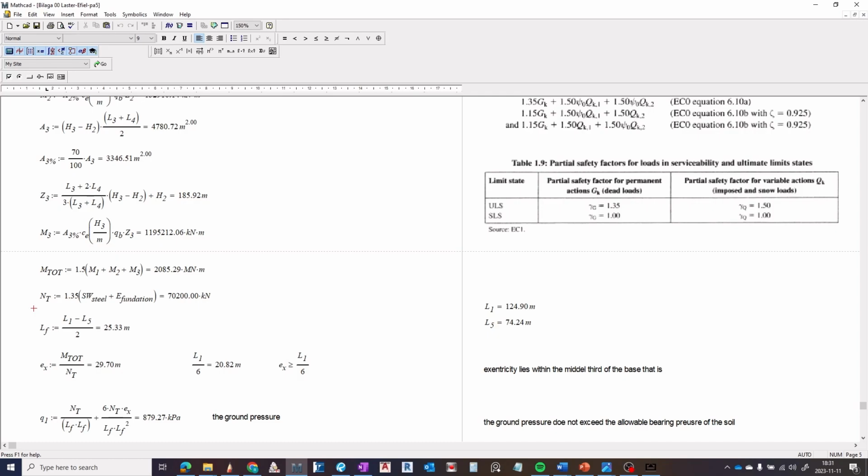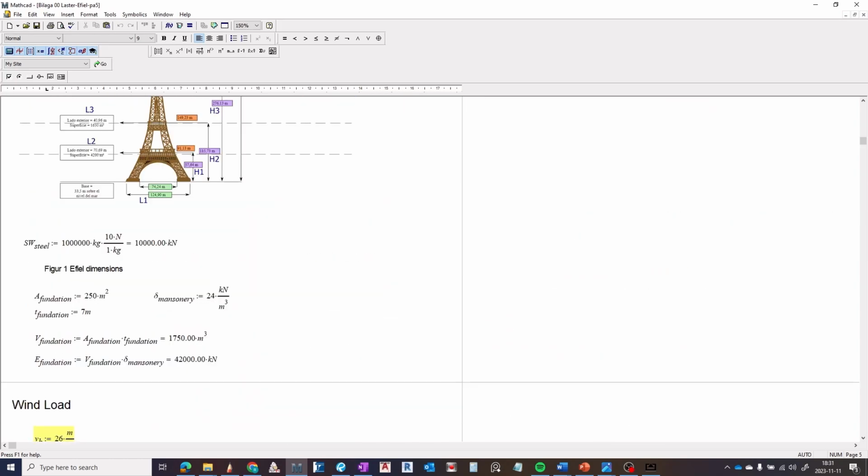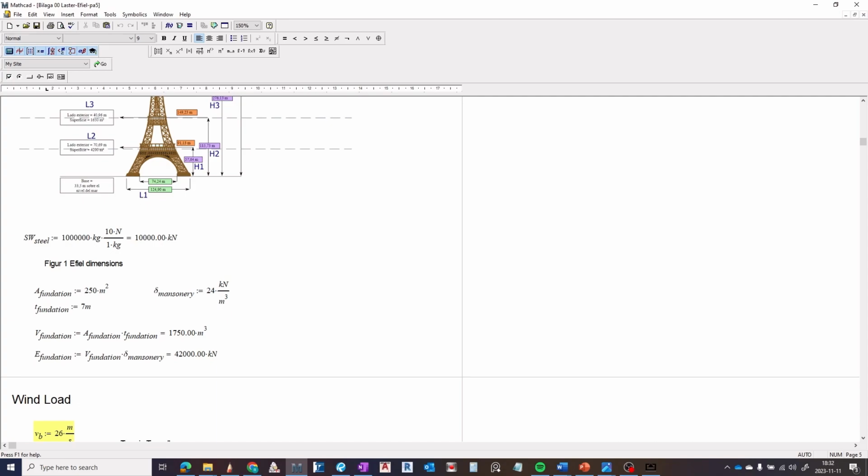Here you have 2 things to think about: the steel, the force of the steel, the vertical force, but you have the foundation as well. The foundation I take for the first, here you had the area of the foundation and the thickness, or the depth, of the foundation.